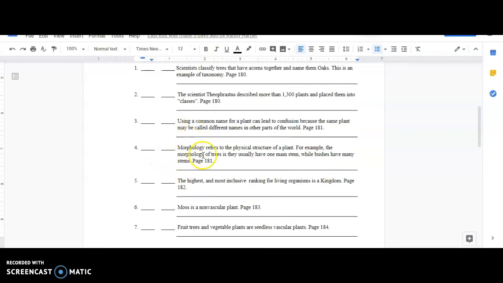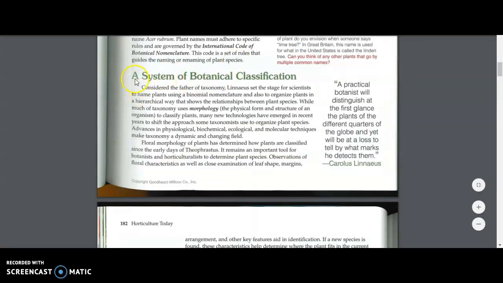Number 4 says morphology refers to the physical structure of a plant. For example, the morphology of trees is they usually have one main stem, while bushes have many stems. A system of botanical classifications. Considered the father of taxonomy, Linnaeus set the stage for scientists to name plants using binomial nomenclature and also to organize plants in a hierarchical way that shows the relationships between plant species.